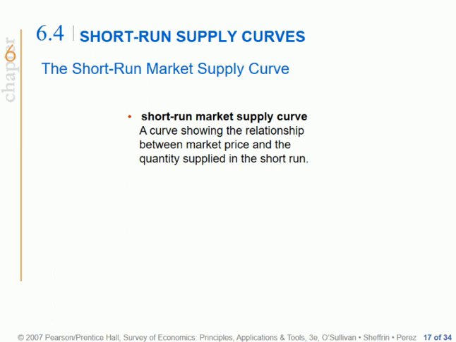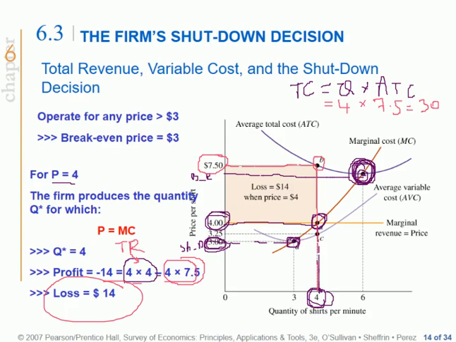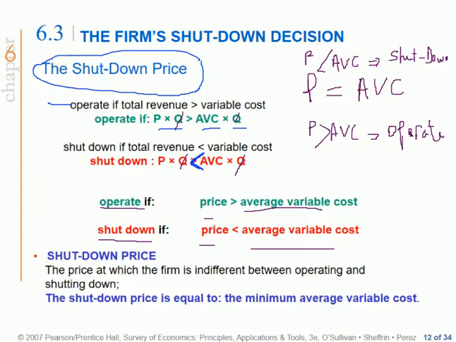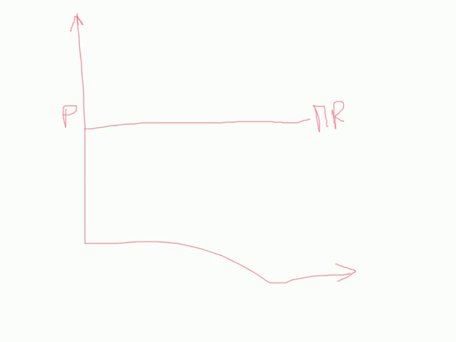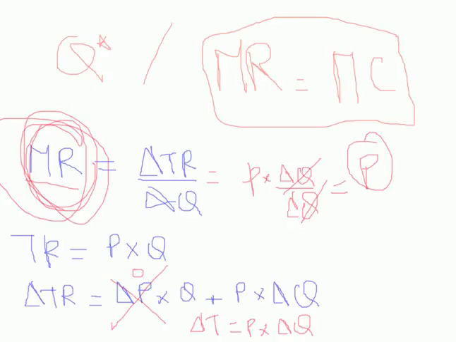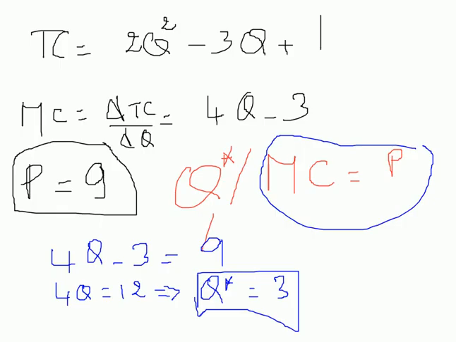So for example, in our first example here, the marginal cost is equal to 4Q minus 3.